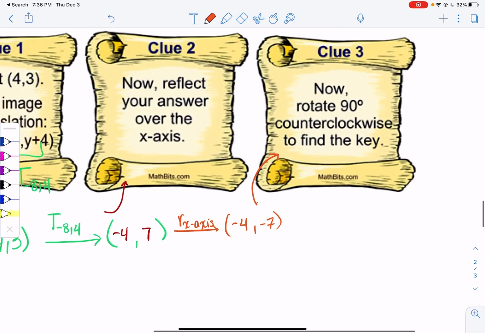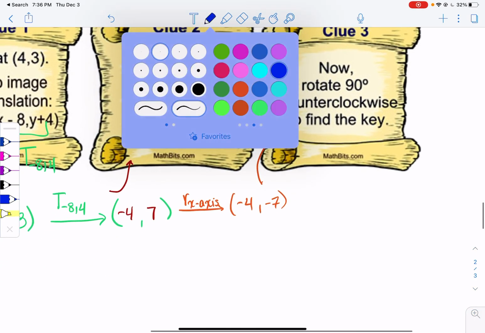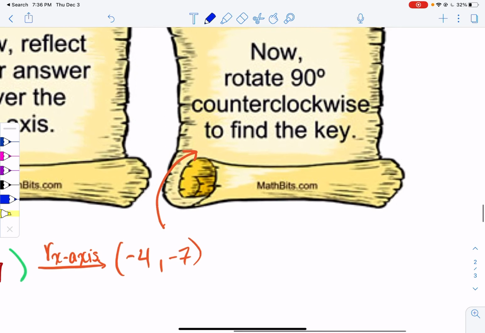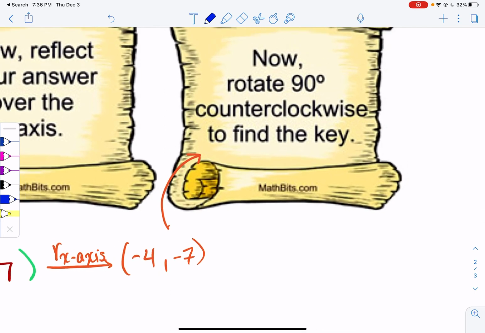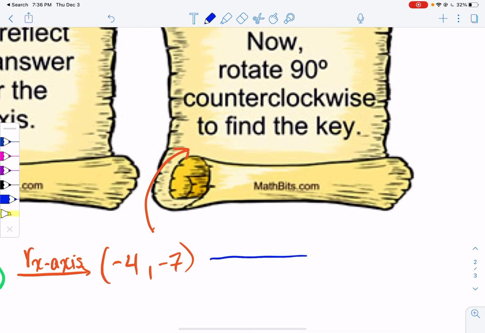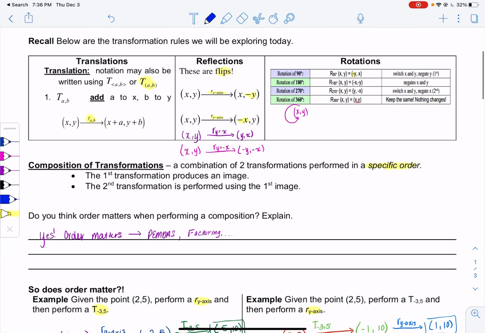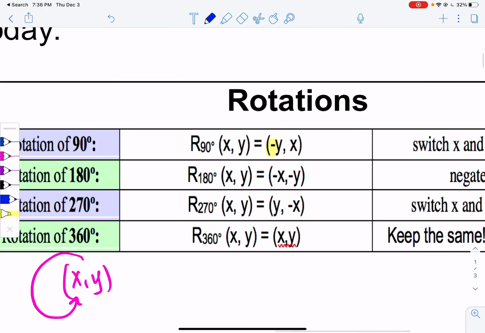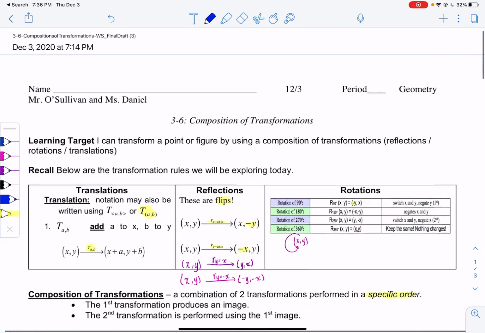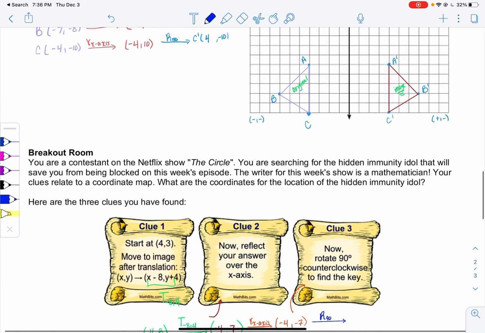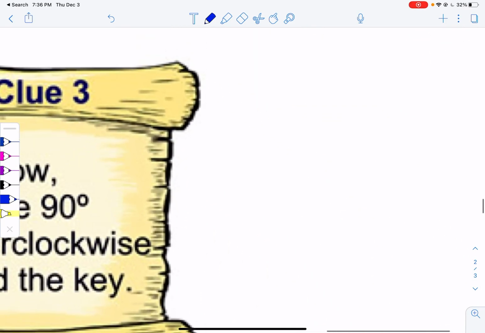So now in clue number 3, I want to do a rotation of 90 degrees. It says now rotate your answer 90 degrees counterclockwise to find the key. And as I said before, Mr. O'Sullivan does not always remember his rotation rules. So our rotation rule for 90 degrees is negative y, x. So I'm going to write that up here.